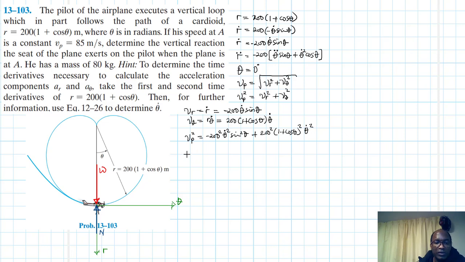So let's find the derivatives of this. We know already what vP is, so it is constant.